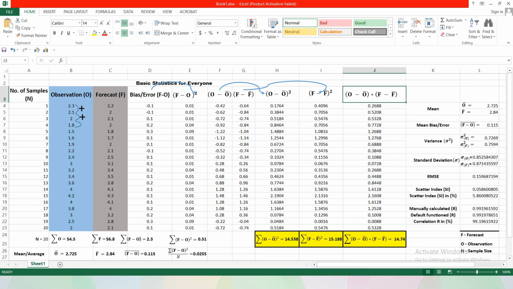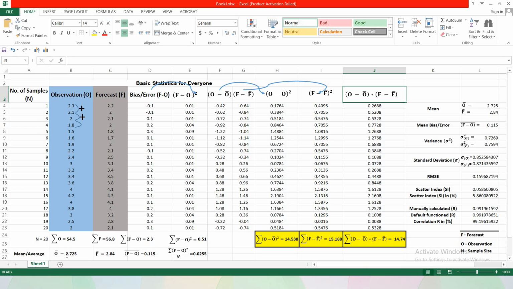Similarly, sigma f minus o is the summation of the differences between forecast and observation, f minus o, right? When you divide it again by n, that is 20, you will get the mean of f minus o, that is f minus o bar.